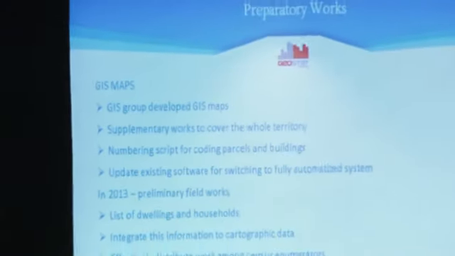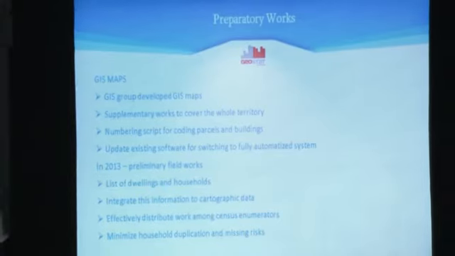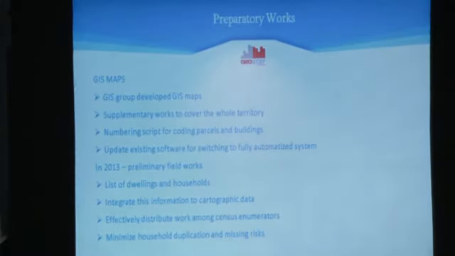In 2013, Geostat conducted preliminary field work to elaborate a list of dwellings and households existing in Georgia in order to digitalize the collected information and integrate it into cartographic data. Software was developed which used the coding system created by the GIS group.